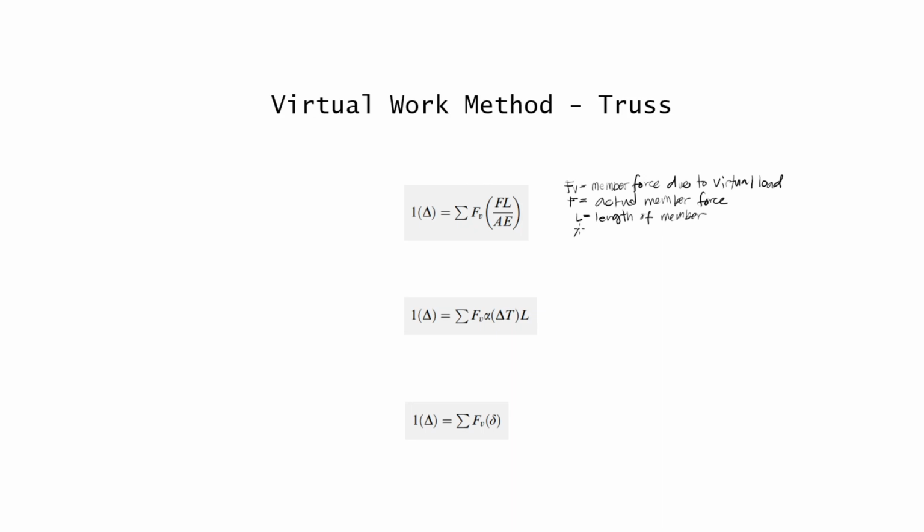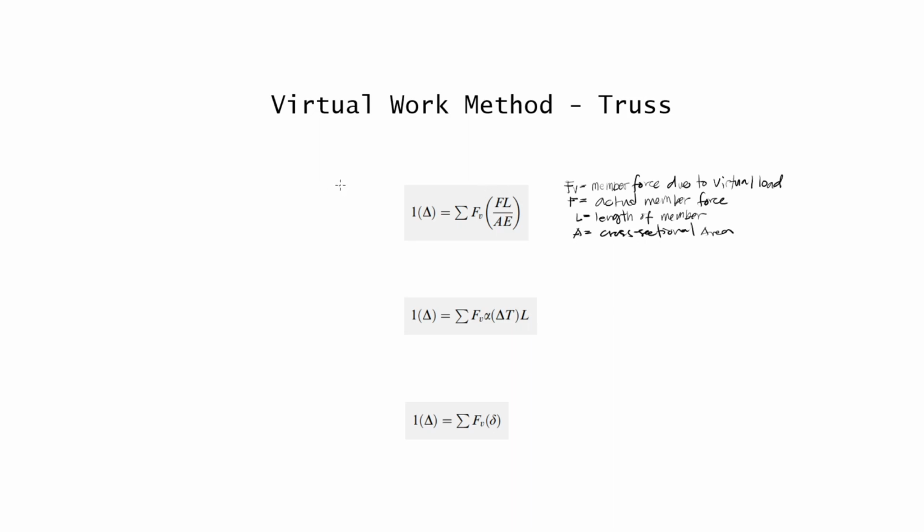And then yung A natin is the cross-sectional area of the member. Okay, so summation siya. Ibig sabihin, i-add po natin lahat nung FV times F times L all over AE. Okay, yun na yung pagkuha ng deflection due to external loadings.